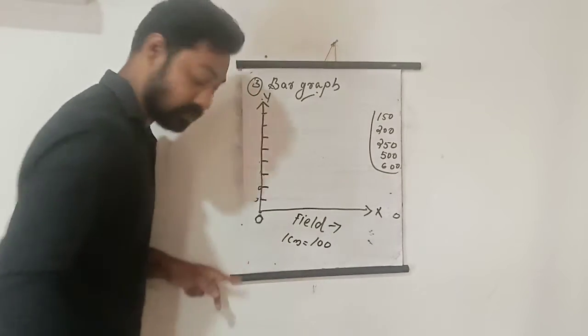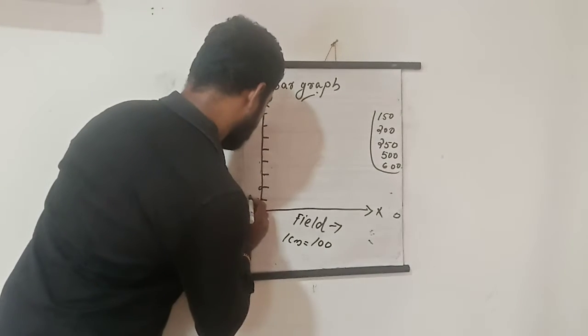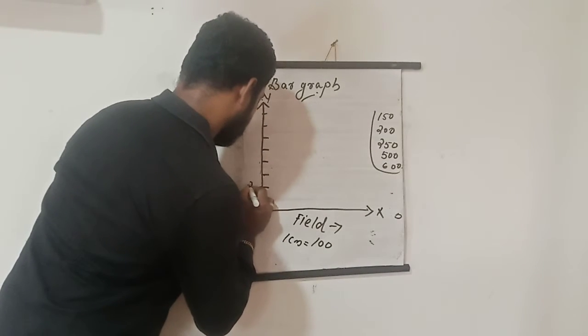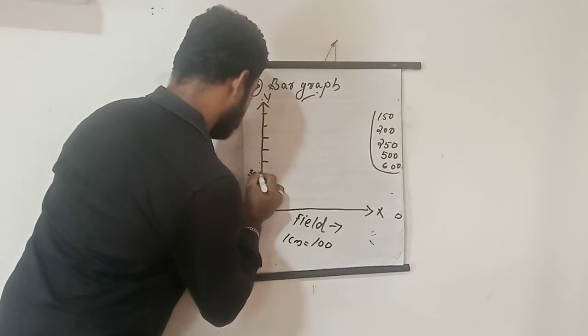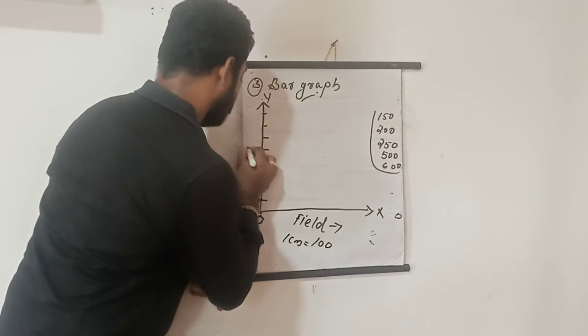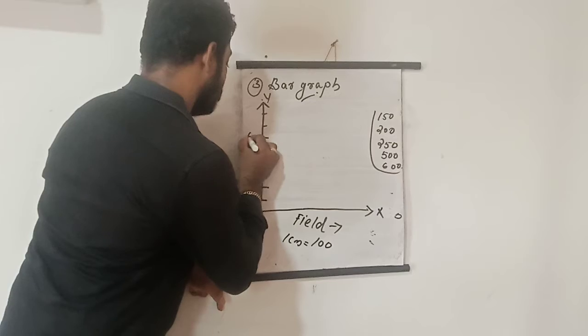I just erase it and write the values. This is 100, then 200, 300, 400, 500, then 600.